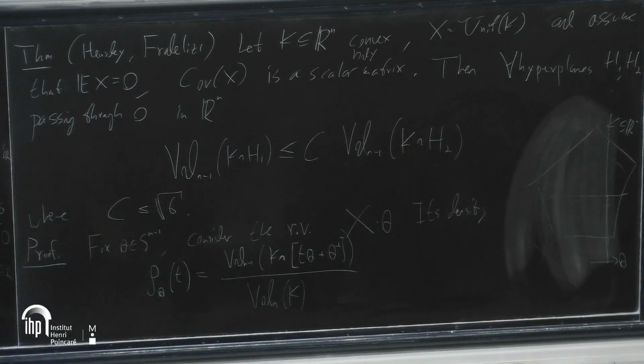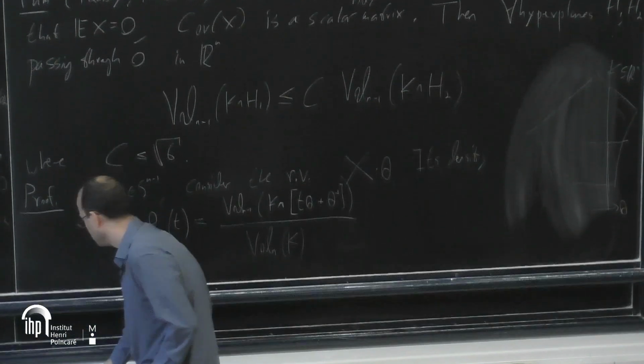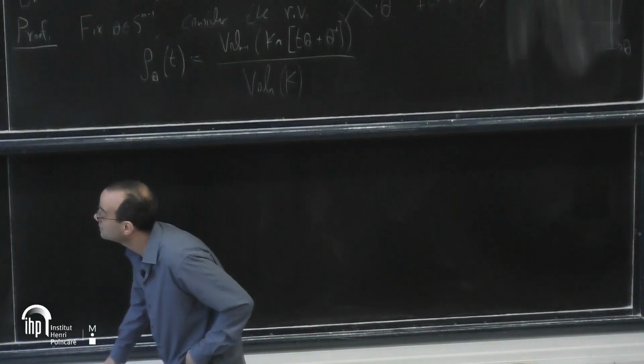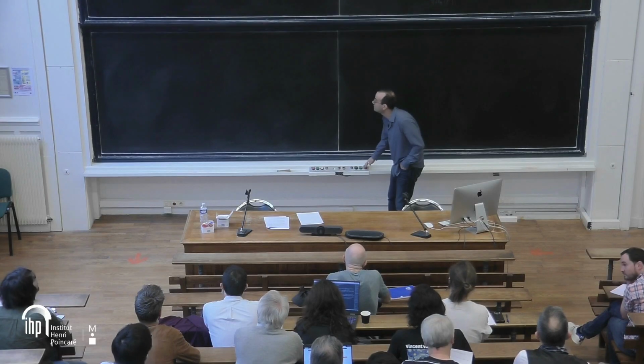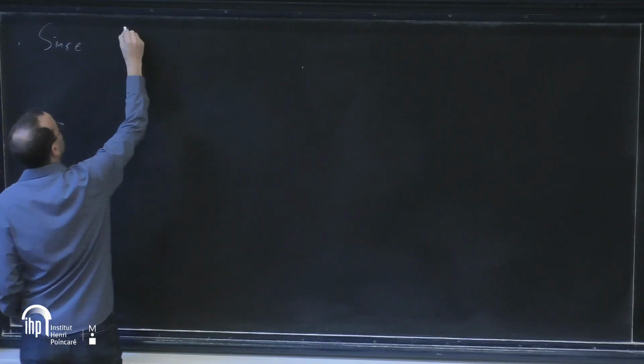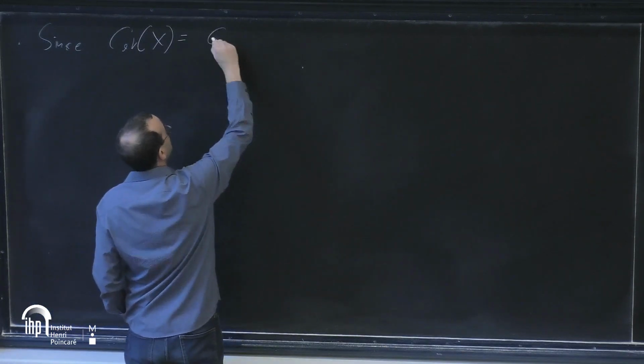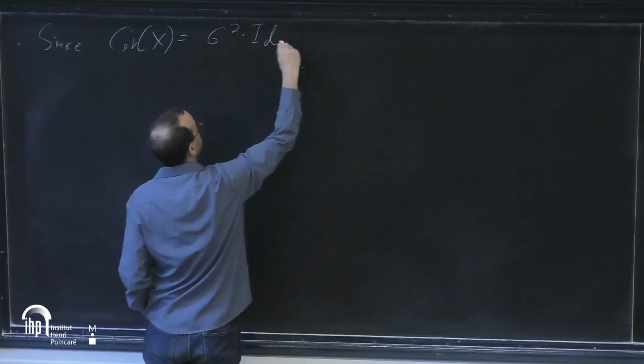Now, we know that the covariance matrix of X is a scalar matrix. So let's write it as sigma squared times identity. That's the definition of sigma.